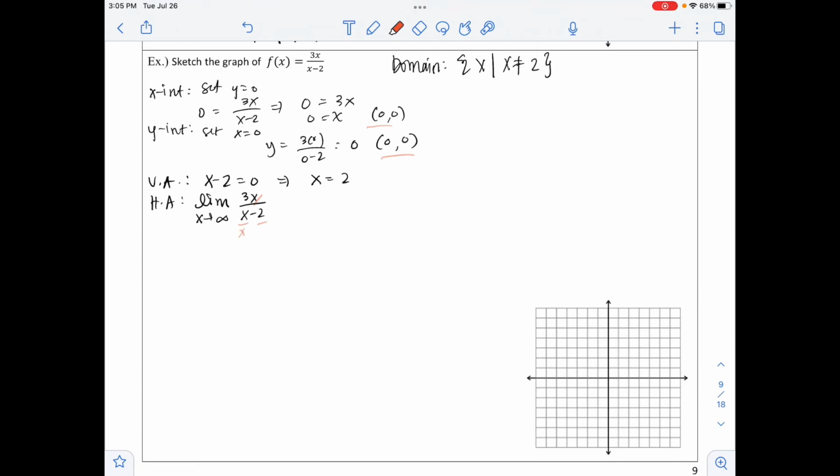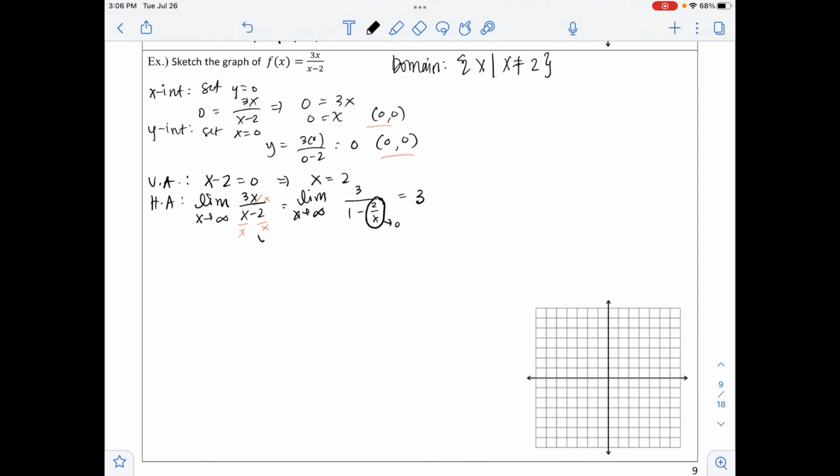So dividing all of these terms by x, this is going to simplify to the limit as x approaches infinity of 3 over 1 minus 2 over x. And this 2 over x would go to 0. And so for this problem, we get a horizontal asymptote of 3.